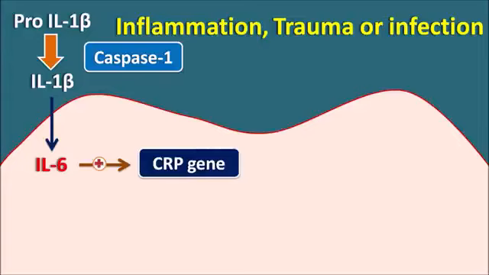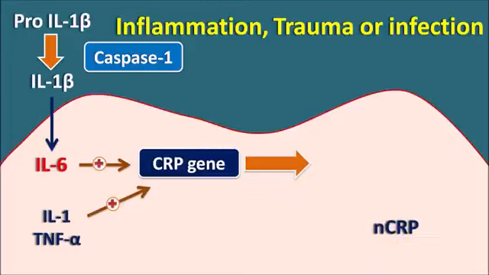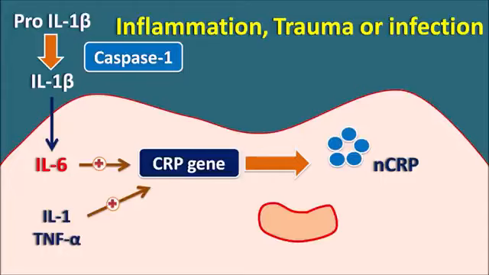And the other cytokines like interleukin 1 and TNF alpha can also promote the expression of the CRP gene. So the CRP gene is more expressed within the hepatocytes, which release excessive levels of N-CRP. This N-CRP is again going to form a complex with the endoplasmic reticulum. But when there is an inflammation, the interleukins are going to be elevated.